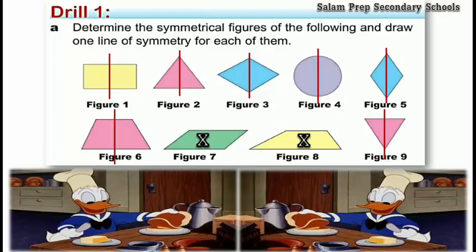These figures are symmetrical figures. We can draw one line of symmetry for these figures, but figure 7 and figure 8 are non-symmetrical figures. We cannot draw a line of symmetry for these two figures, figure 7 and figure 8.